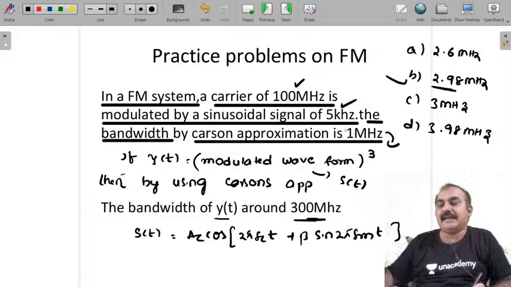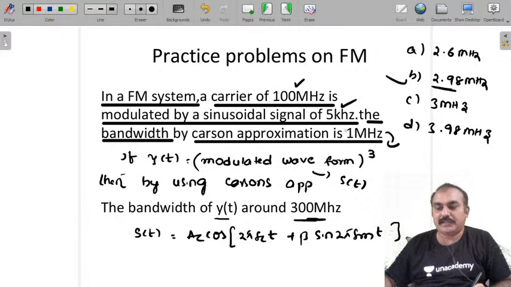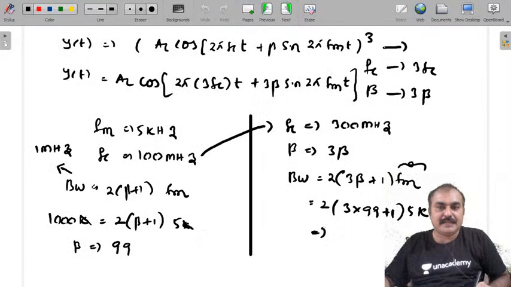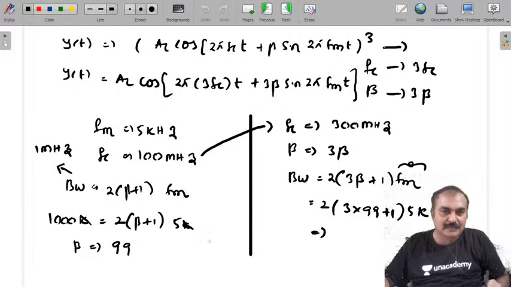Convert the answer in megahertz. That is very, very important over here. Now, this is about this particular problem, my dear students. So you are getting the answer.